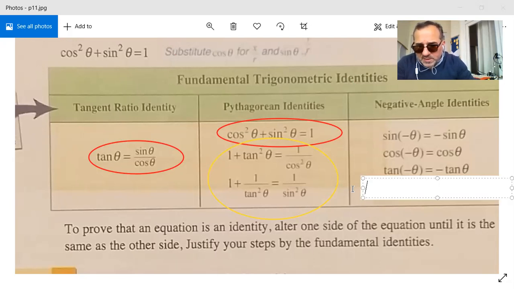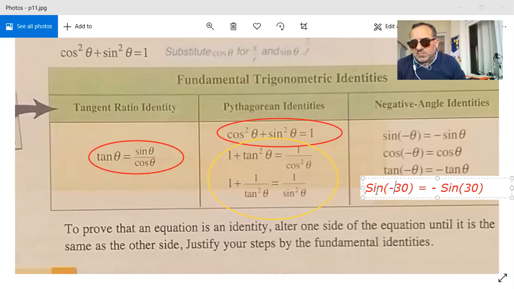You can use a calculator. For example, we write sine 30, and sine minus 30 is equal to minus sine 30. I forgot to write the negative outside. If you have a negative here, you write the negative outside. Sine minus 30 is equal to minus sine 30.